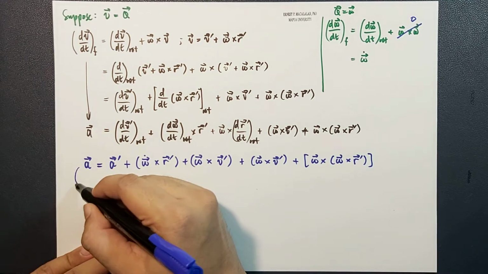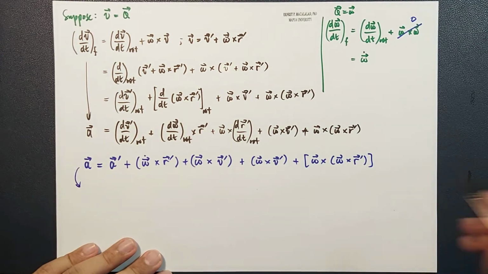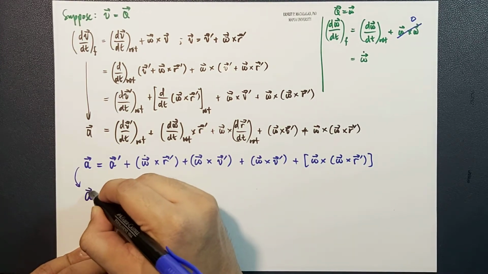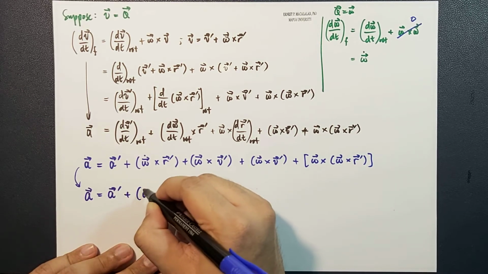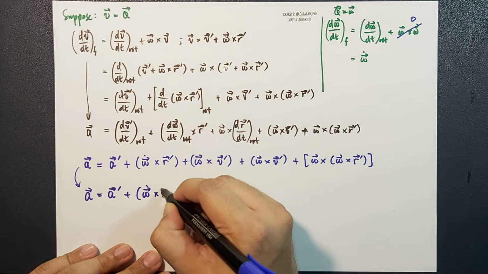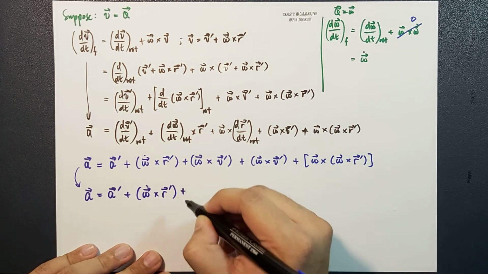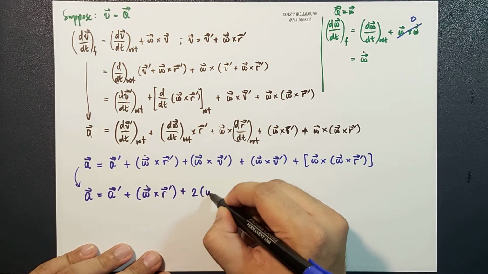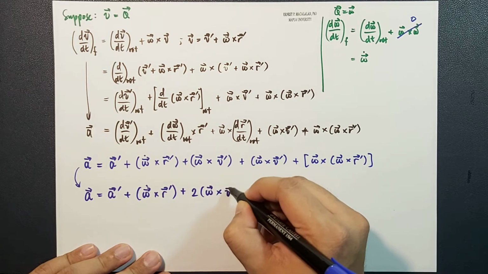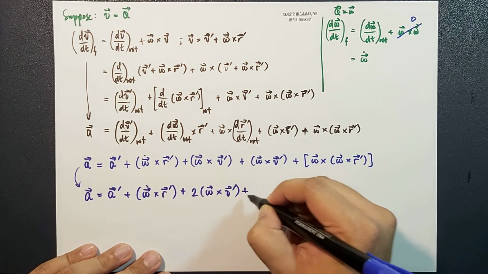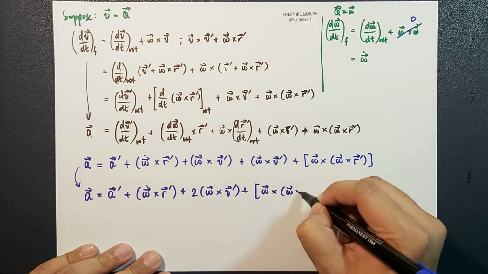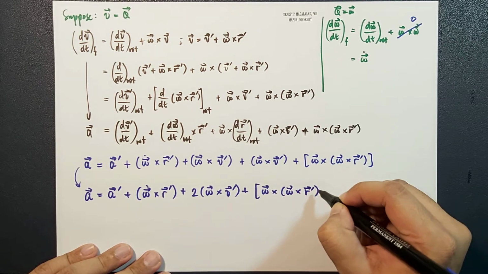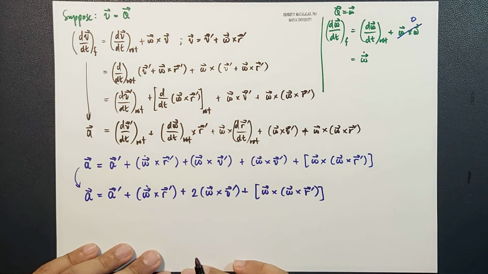So the final expression would be A equals A prime plus omega dot cross r prime plus 2 omega cross v prime plus omega cross omega cross r prime.